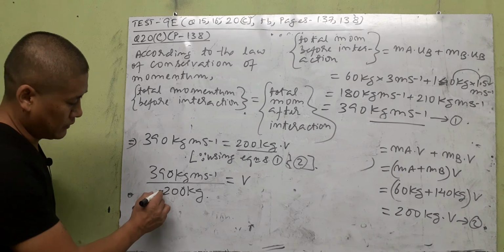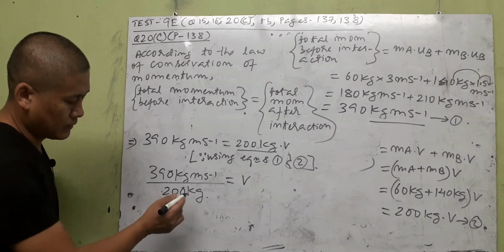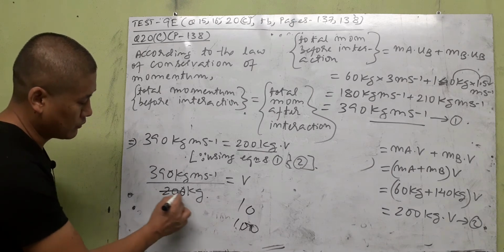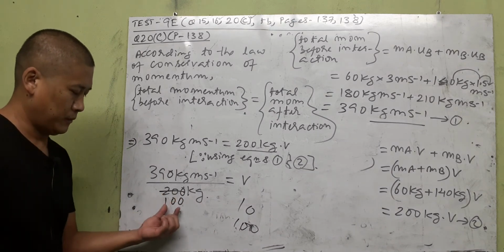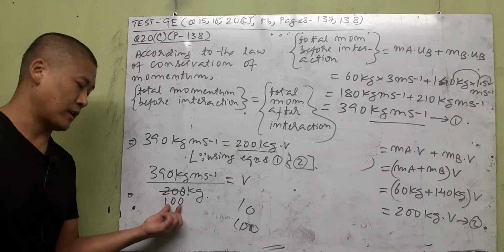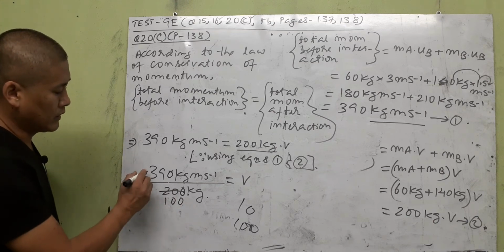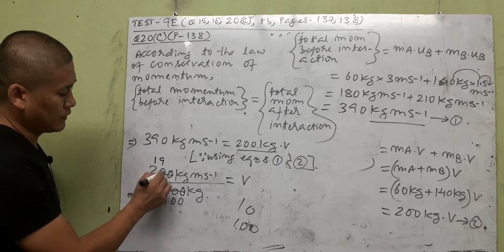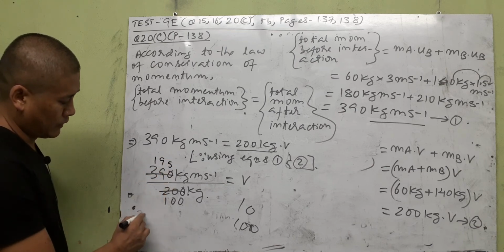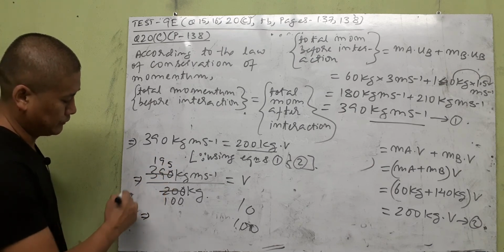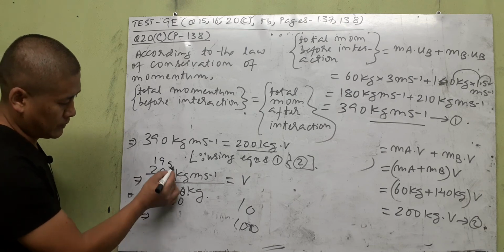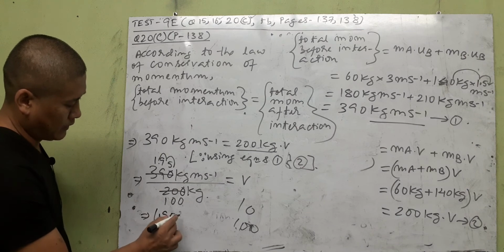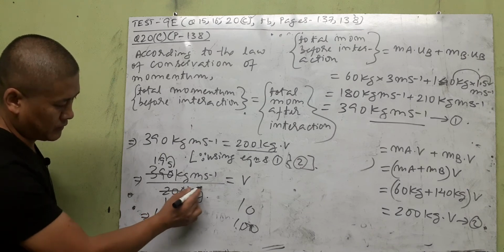So 2 ones are 2, 0 0, because this is so easy to divide. Then 2 9s are 18, 1 in hand, 2, 5. That way it makes your job easier. So with 200, the decimal moves and it becomes 1.95 because of dividing by 200. Then kg cancels.